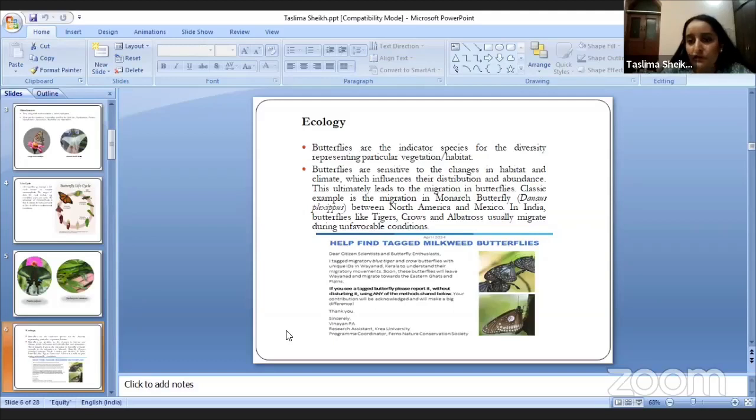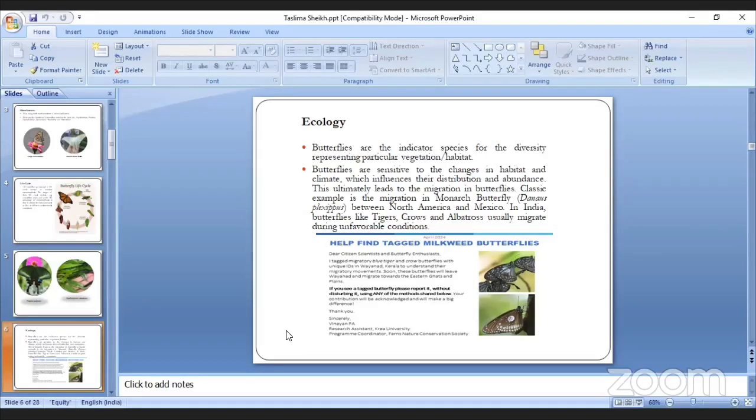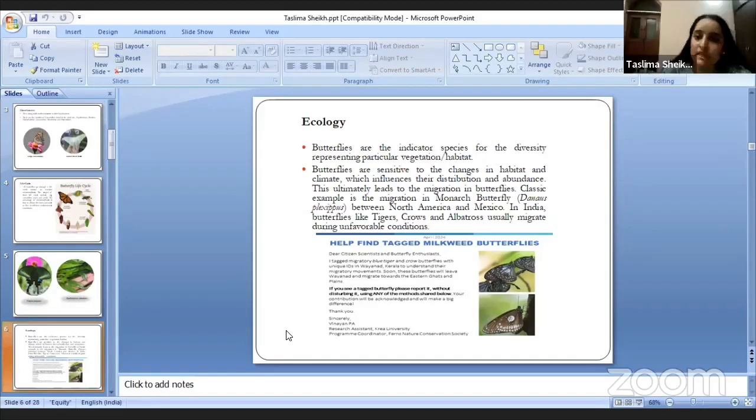Recently we have come to know the concept of tagging of butterflies here in India. Some researchers have started tagging butterflies, milkweed butterflies especially. I have shown here the tagging of butterflies in the Western Ghats, where they are trying to study their migratory behavior from the Western Ghats to the Eastern Ghats.